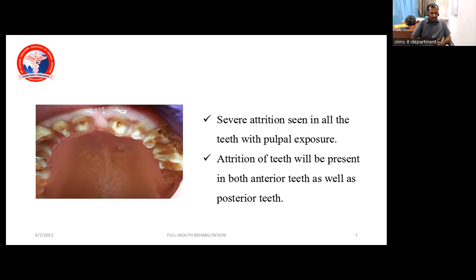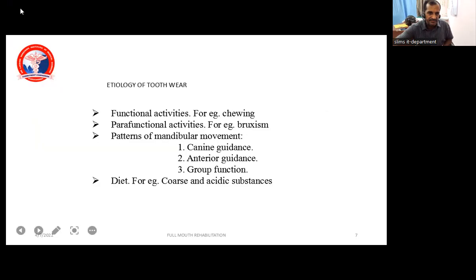Look at the picture, you can visualize the entire dentition from the anterior to the posteriors. All the tooth parts are worn out with severe attrition and exposure of the pulp chamber. This is after severe attrition.